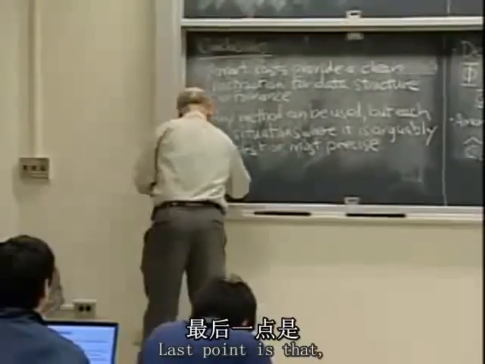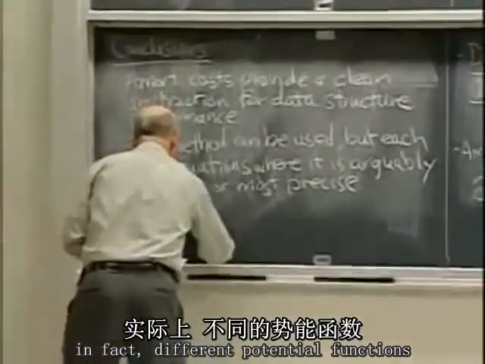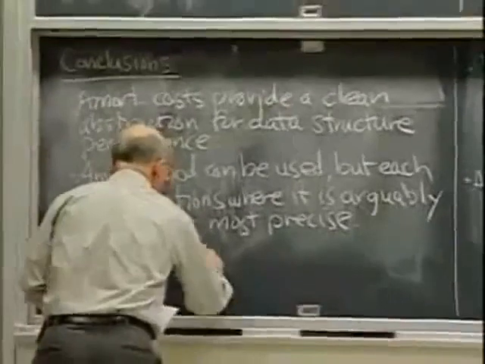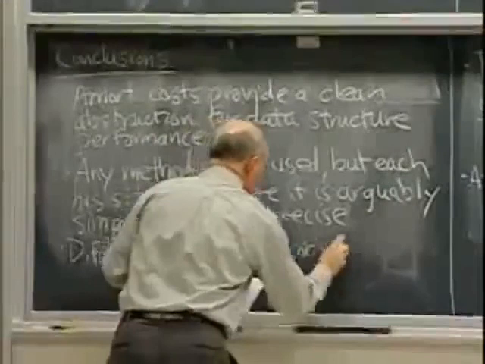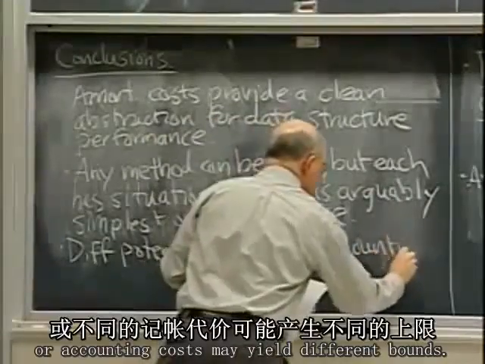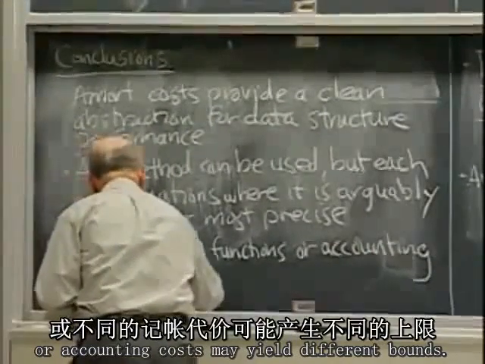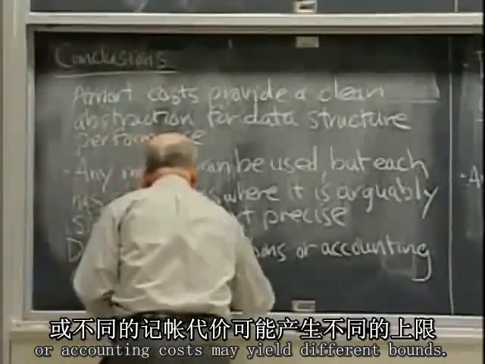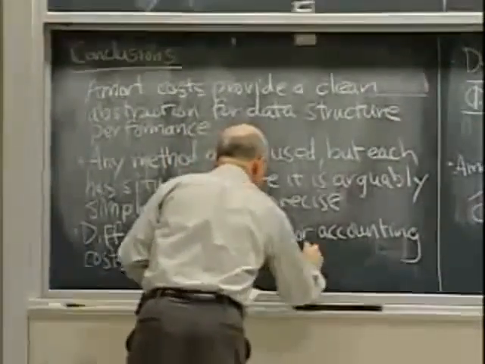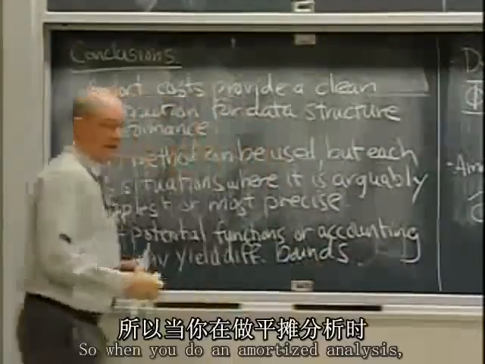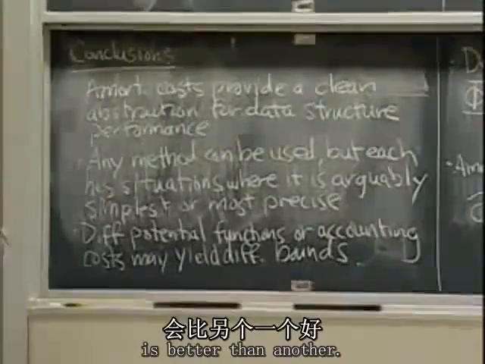Last point is that, in fact, different potential functions or accounting costs may yield different bounds. When you do an amortized analysis, there's nothing to say that one set of costs is better than another.